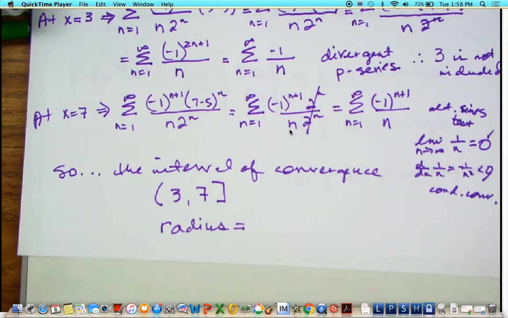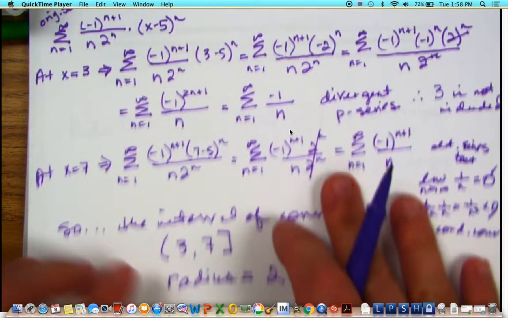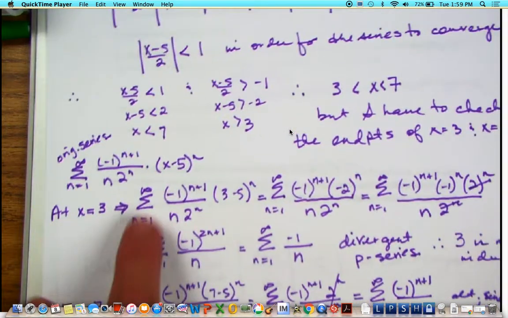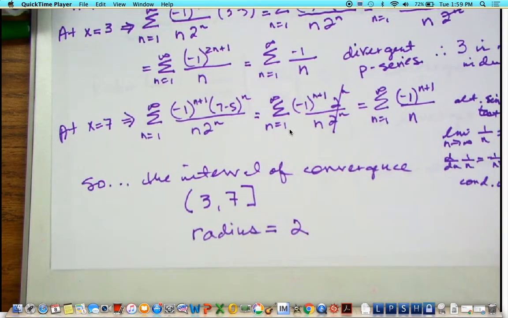And what's the radius of convergence? 2. And how'd you come up with that, Parker? Okay, well, the other thing you can do is go back to the original series, right? It's centered where? At 5, right? So you'd go 3, 7, so that's 2.